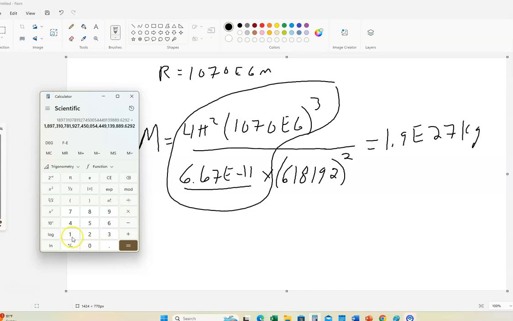Divided by 1 times 10 to the 27th, and that turns out to be 1.89. So I'm going to round that to 1.9 times 10 to the 27th. All right, so that is the correct answer, which is the number that we had when I first started the problem. So that is what was that, number 4?